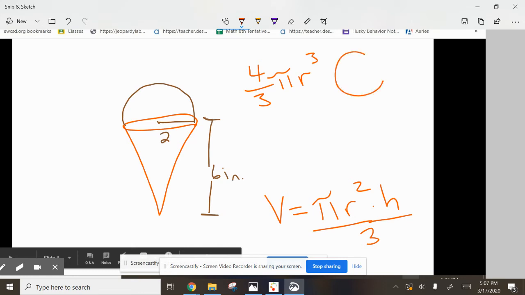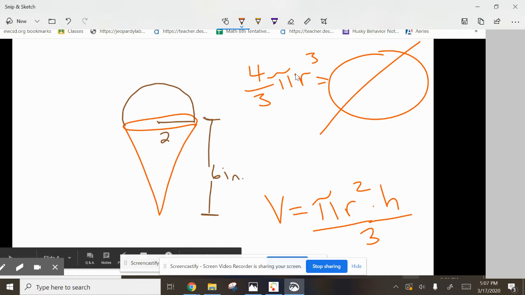But do we have a full sphere here? No, we only have half of it. So how in the world are we going to do this? When you handle this, you're going to get an answer, and you're going to cut it in half, like a sphere, whatever that answer is.